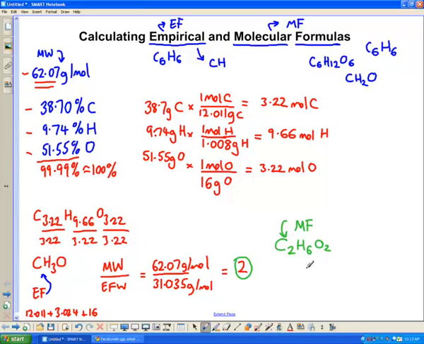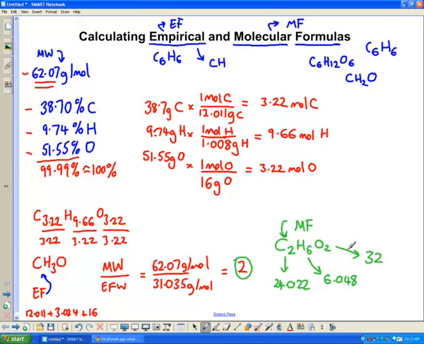And one last check. Let's just make sure that all 3 of these add up to 62.07, because they should. 2 carbons is 24.022. 6 hydrogens is 6.048. And 2 oxygens is 32. 32 plus 24 is 56, 0.022 plus 6 is 62.07.